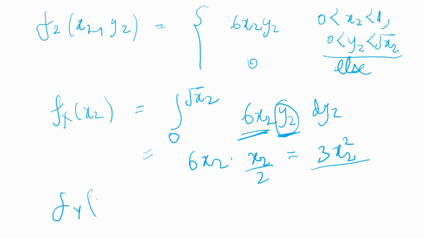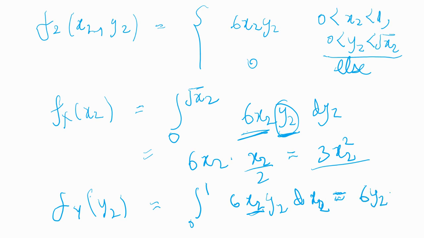Now fy(y2) will be the integral from 0 to 1 of 6x2 y2 dx2. So the variable here is x2. It will be x square upon 2. At 1, it will be 1 by 2. At 0, it will be 0. So this one is 3 by 2.